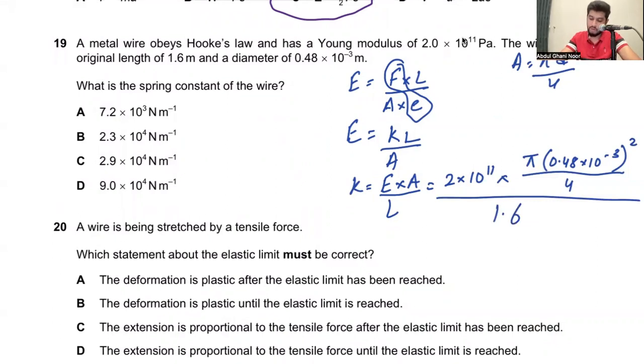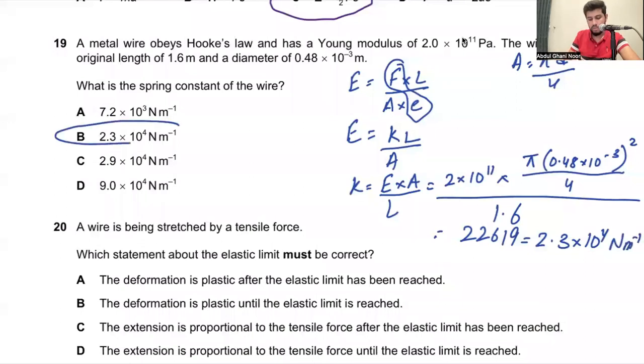So I have the Young modulus, I have the area, I have the length. Solving gives me the spring constant, which is 22619, which is equal to 2.3 into 10 to the power 4 newtons per meter. The answer, therefore, is B.